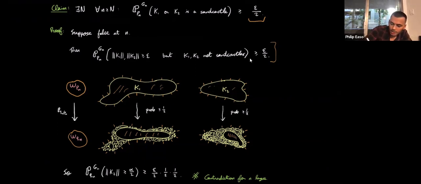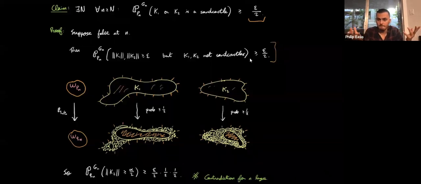Also, every edge that was initially on the boundary, all these closed edges that were on the boundary of the clusters above, are still closed in the clusters below. So these two large pieces left over aren't connected to each other. So what we've constructed with good probability is a configuration for parameter Qn where you have two large clusters. But that's a contradiction because we said that we have uniqueness of the giant cluster under Qn.